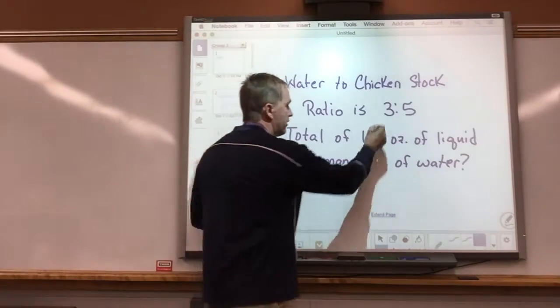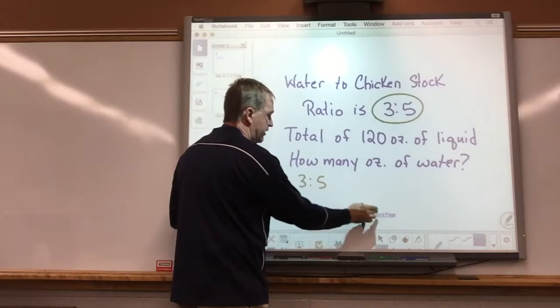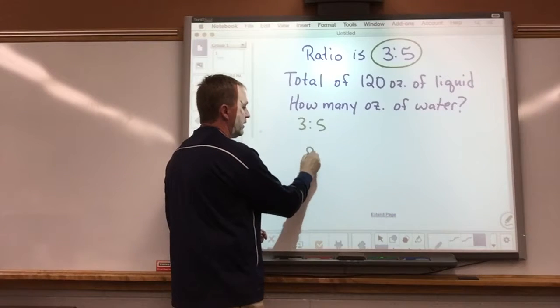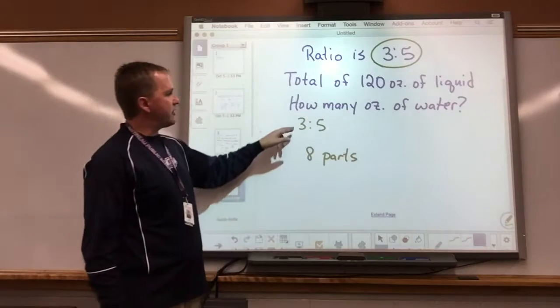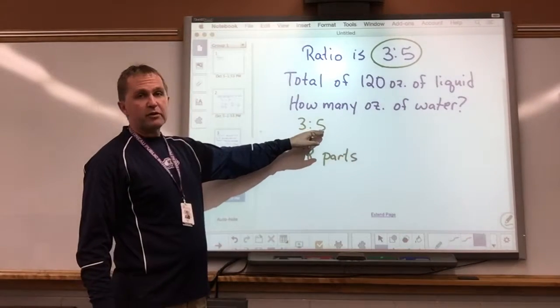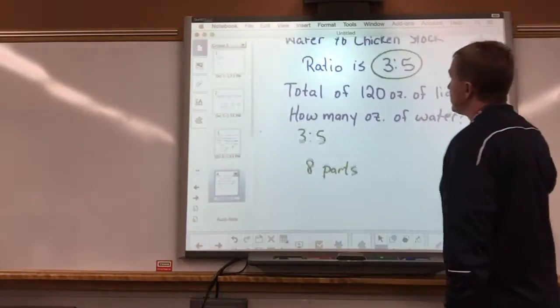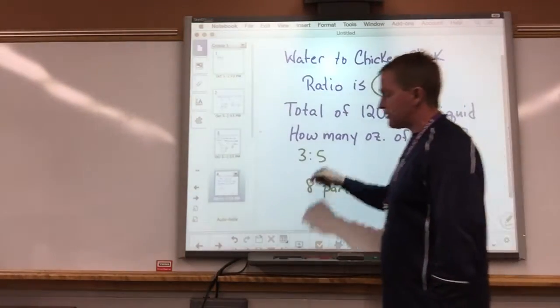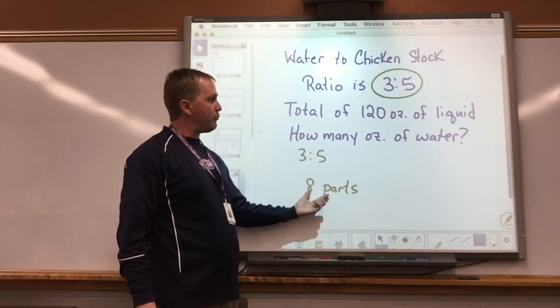Well, again, I'm going to look at the 3 to 5. And the 3 to 5 tells me I have a total of 8 parts. Often in recipes they'll say it's 3 parts water to 5 parts chicken stock. That was determined by the original statement at the top that said water to chicken stock. So 3 parts water to 5 parts chicken stock gives us a total of 8 parts.